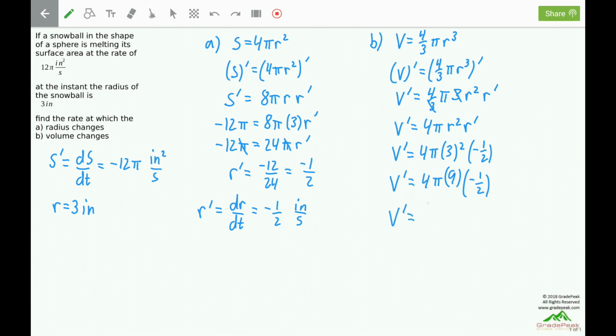So 4 times 9 is 36 times that pi. All of that's in the numerator. We will be multiplying this with a negative 1/2. So we multiply the numerators, which will give us negative 36 pi. And we multiply the denominators, which there's only one denominator, so that ends up over 2. 36 is divisible by 2, so this comes out to negative 18 pi.